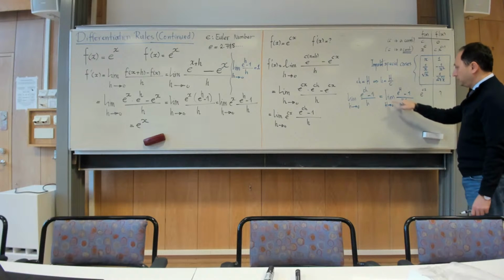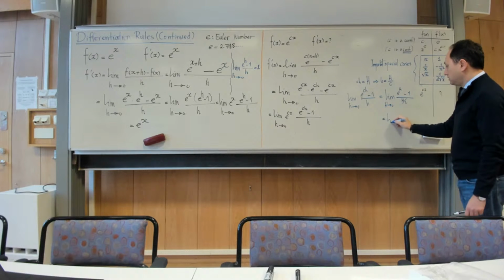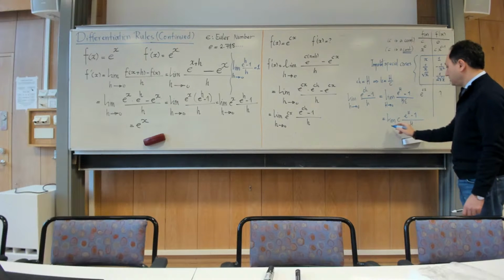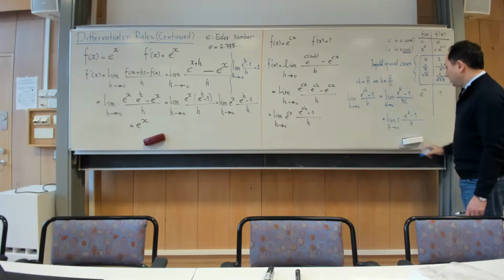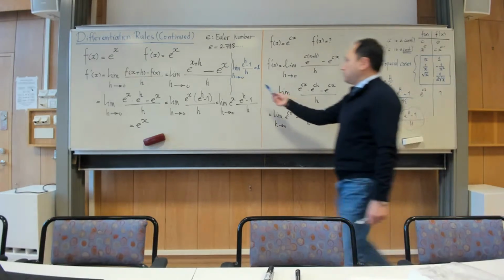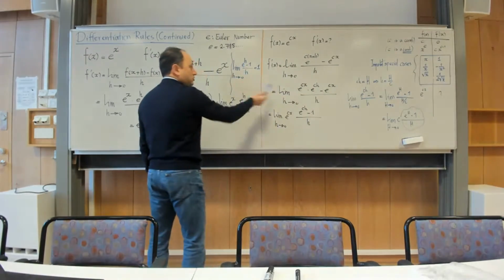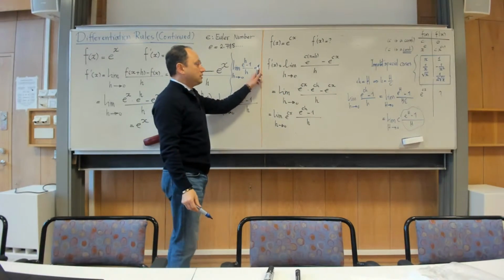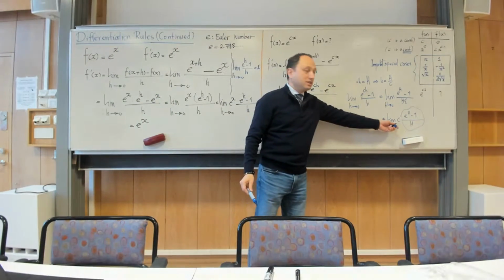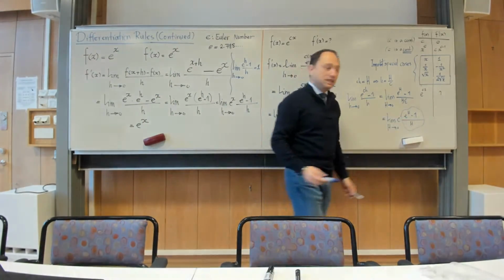Then this c in the denominator goes into the numerator, so it becomes c times e to power H minus 1 divided by H, H goes to 0. But this is again my famous limit. It doesn't matter if the name is little h or capital H. If this limit is equal to 1, that limit is also equal to 1. But I have a constant c here, so this becomes c.